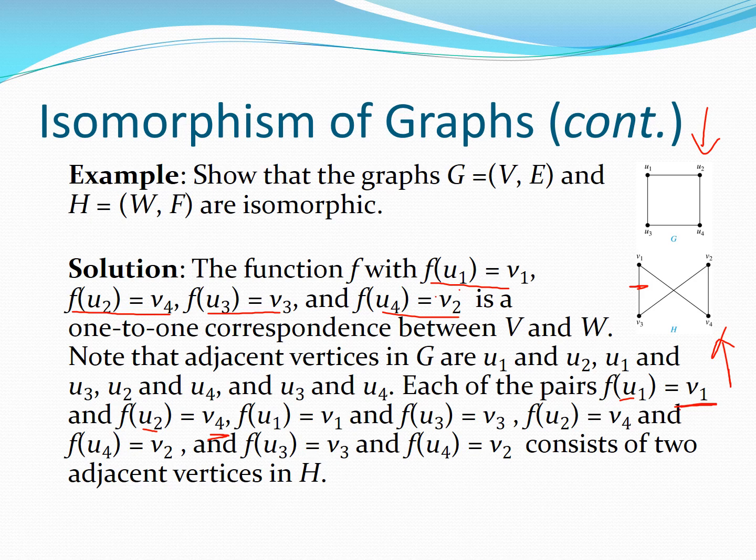It's U1. And what is the corresponding vertex for V3? It is U3. So U1 and U3 also has an edge between the two.